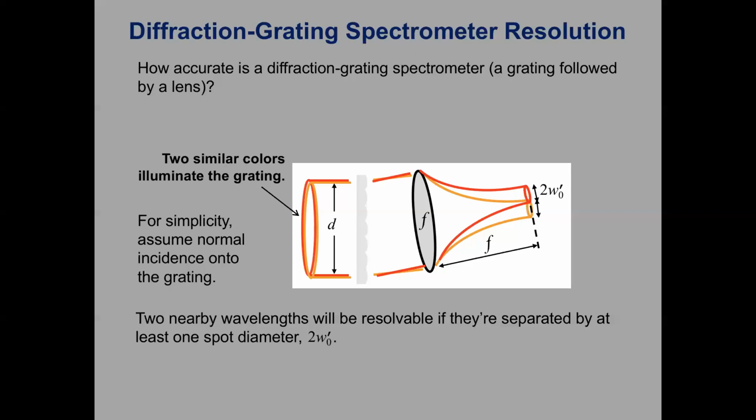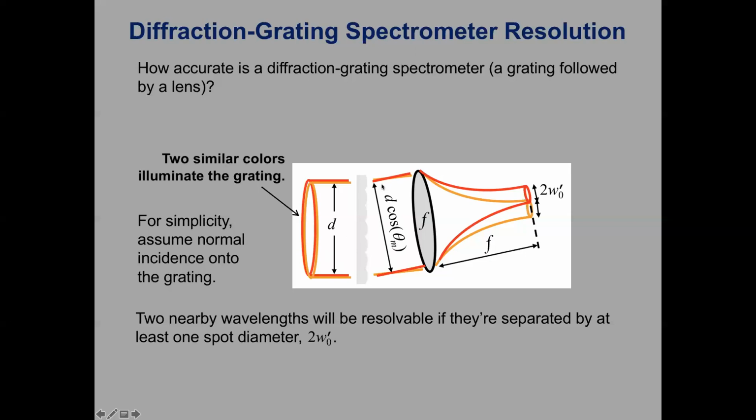And it'll give you one more formula that you're going to end up using on your homework. So here is some geometry. D is the total size of the beam of light hitting our grating.